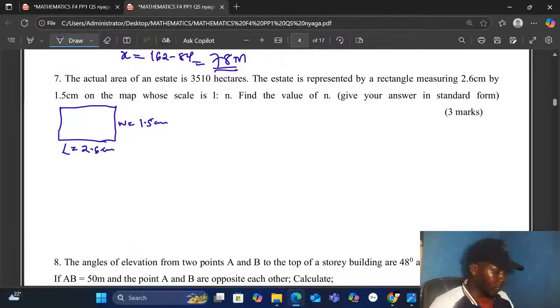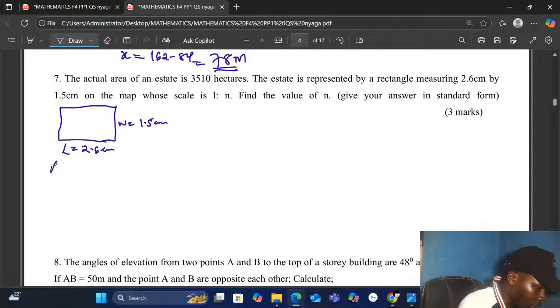Now, they're saying that the actual area of the estate is 3,510 hectares, and it is on a map whose scale is 1 to n. So we are supposed to find the value of n. And now 9 square centimeters.